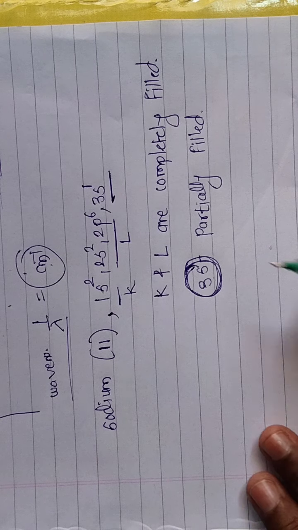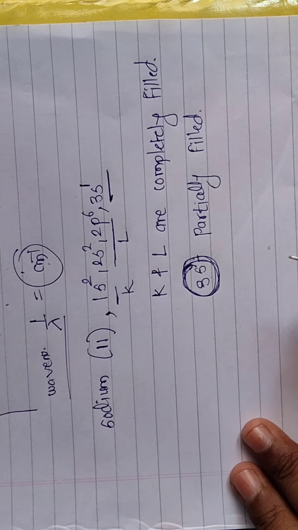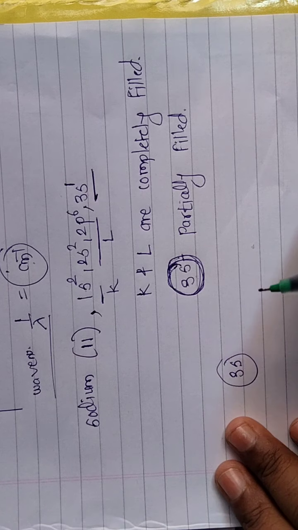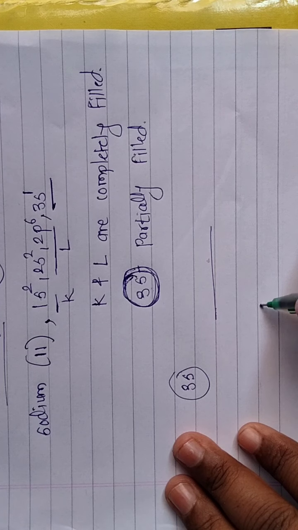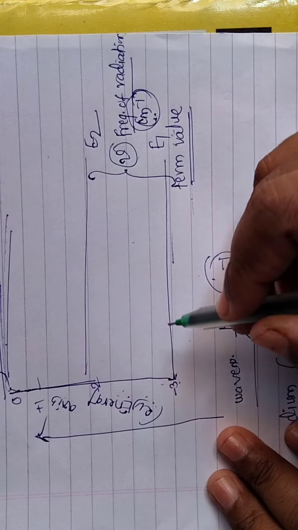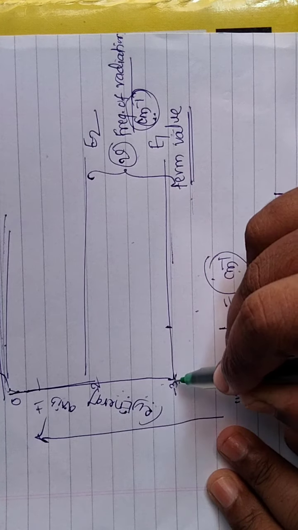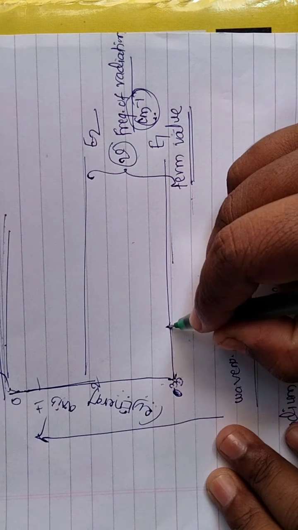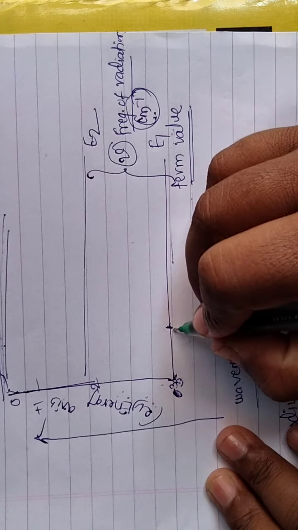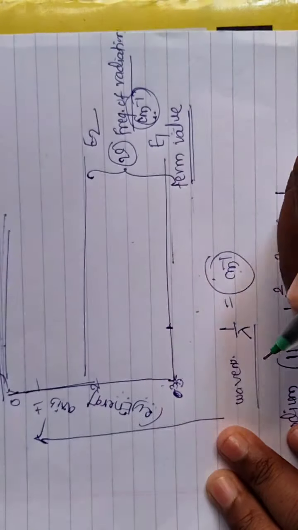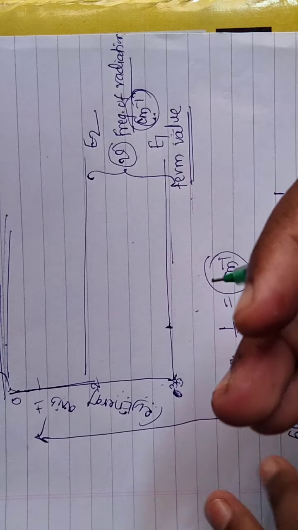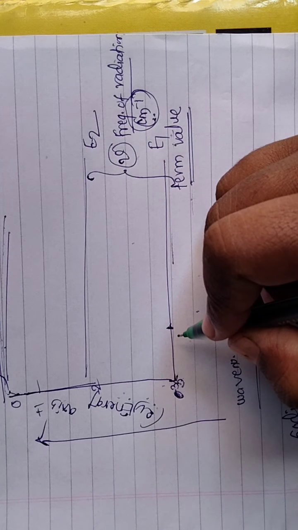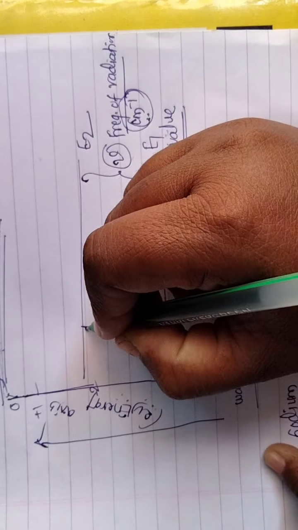Therefore, when the 3s electron is excited, suppose these are two energy levels and this electron is in the 3s level. Excited means this electron may absorb energy and go to an excited state.